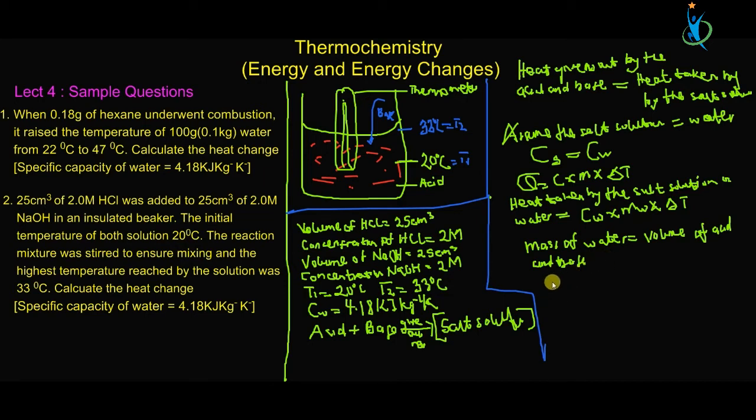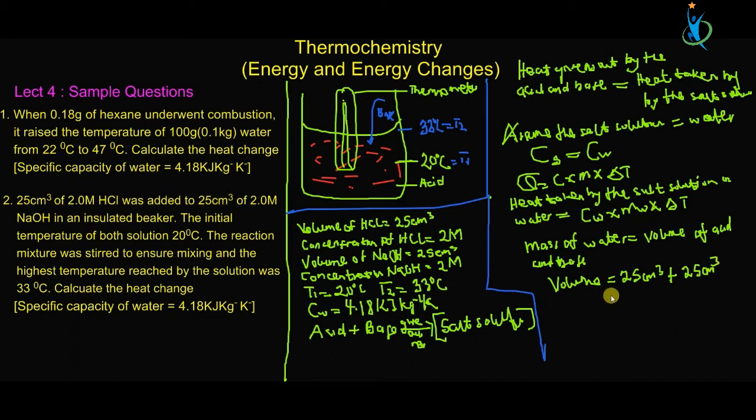So we know the volume of water from the volume of acid and base. So the volume of water will be 25 cm3, plus another 25 cm3, because both the acid and base contain a large amount of water, and we are saying that the volume of acid should be equal to the volume of water.